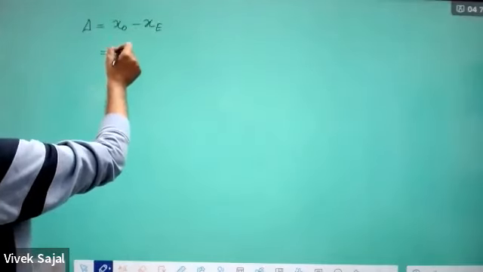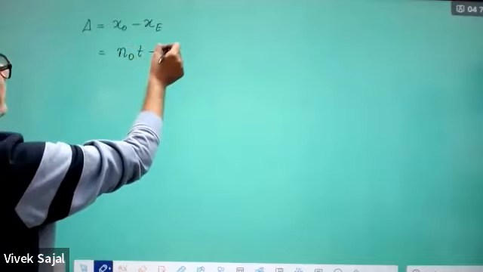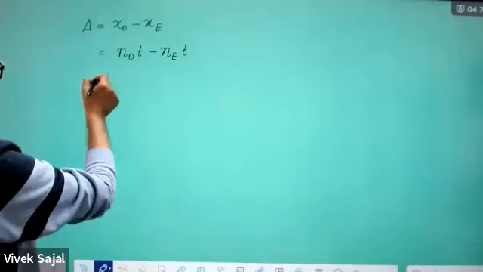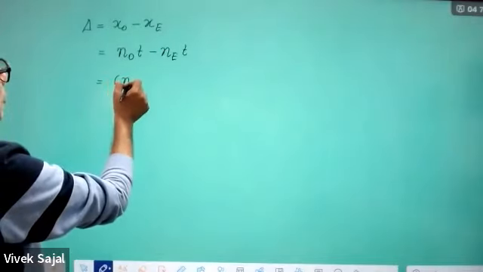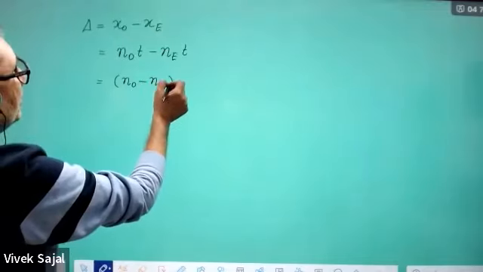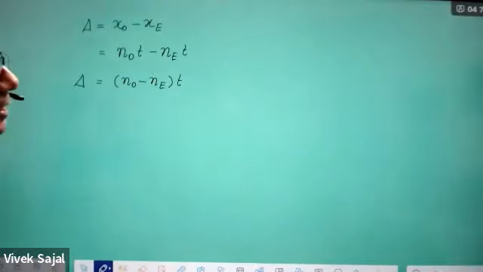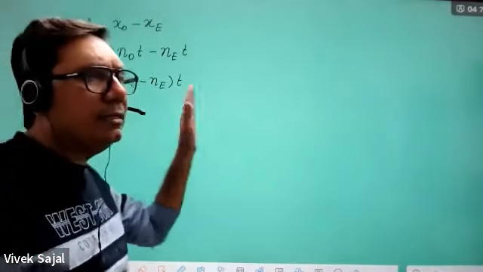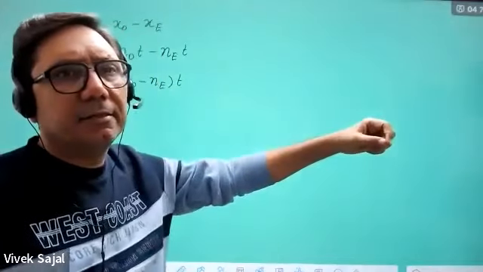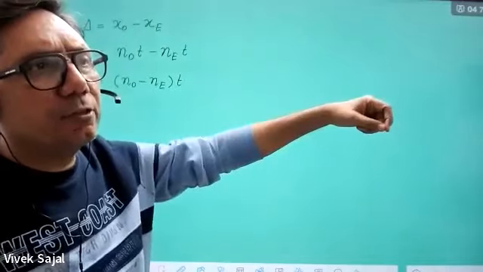This will be No T minus Ne T. This will be (No minus Ne) into T. This is the path difference between O ray and E ray when they are emerging. So O ray and E ray are traveling along the same line, one behind the another. One is moving fast, another is moving slow.